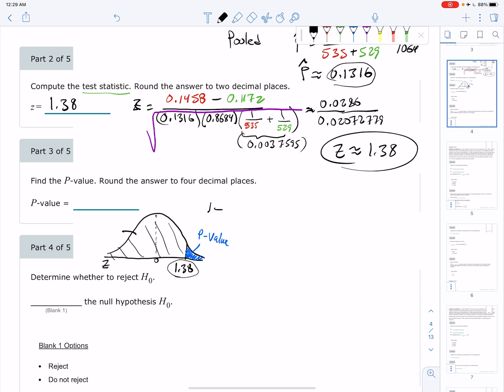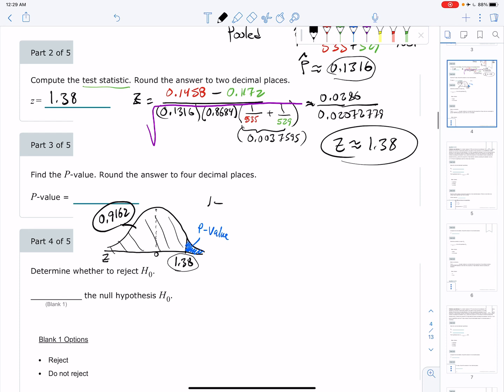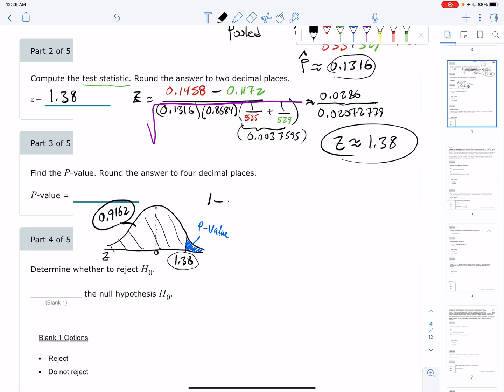So this area is 0.9162. If I want the blue, I just take 1 minus 0.9162, and that will give me the p-value, which is 0.0838. I've got my p-value.